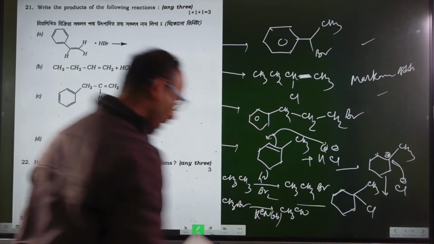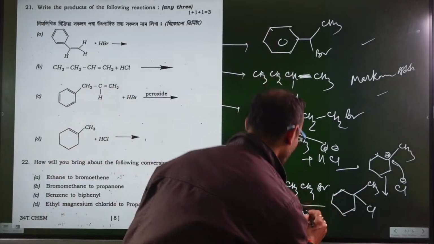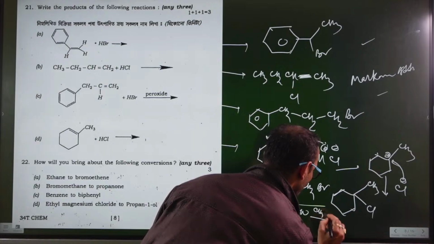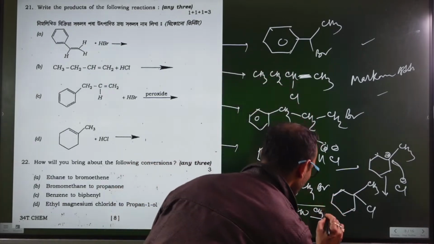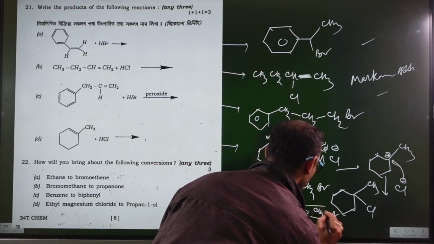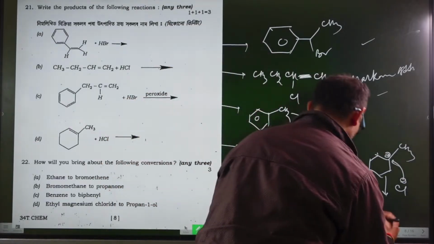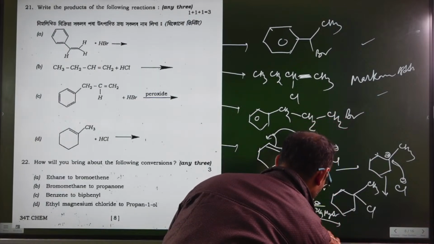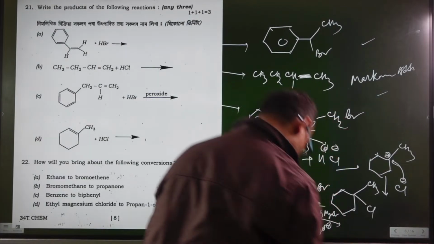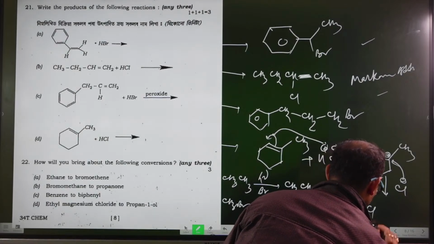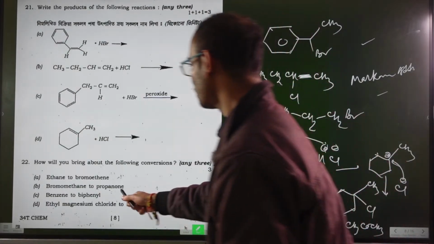Once the cyanide is formed, then methyl cyanide will be reacted with methyl magnesium bromide, which is your Grignard reagent. So this will attack here. In the next step, followed by hydrolysis, it will give you the propanone. So this is your answer.